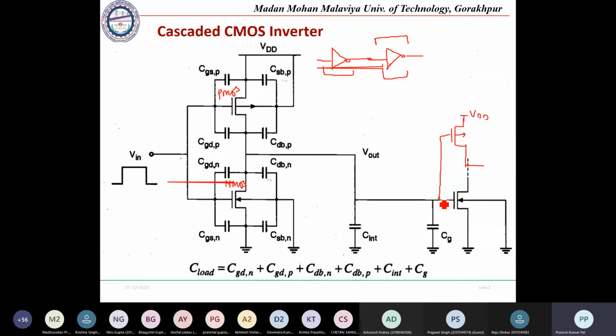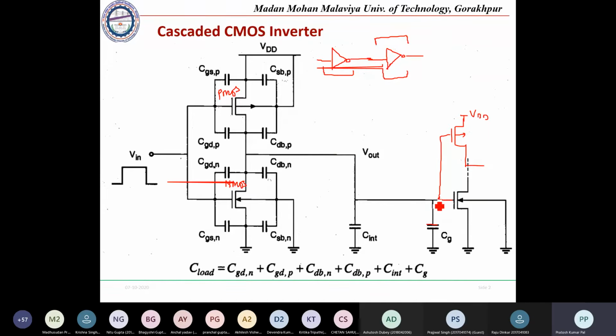Because of this second-stage inverter, some parasitic capacitances of it will be reflected at the input terminal. These are the gate capacitances, CG, the overall capacitances of whatever stage is connected to an inverter.